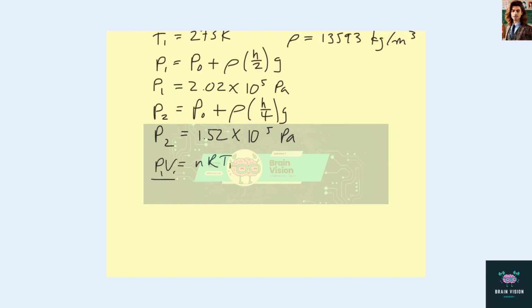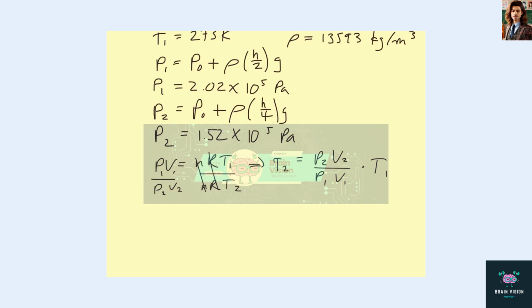Let's divide both sides by P2 V2, and nRT2. Now n stays the same because we're not going to gain or lose any moles below the piston, right? So we can cancel that out, cancel R out, and rearrange such that T2 is equal to P2 V2 over P1 V1 times T1.